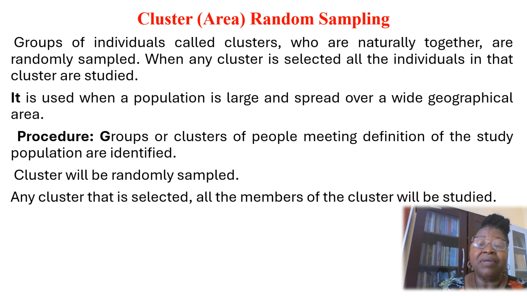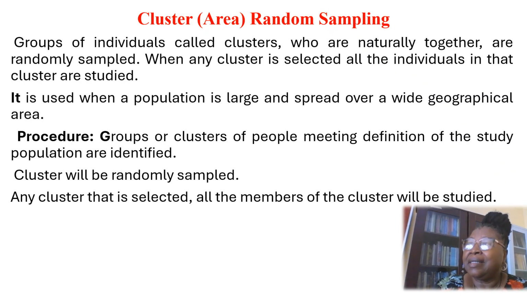So what are we really talking about here? What we are saying is that we use this kind of sampling when the population is spread over a large geographical area. Some are in the valley, some are in the hills, some are in different locations. You now cluster them: people in the valley, people in the urban area, or people in the mountain, and so on.